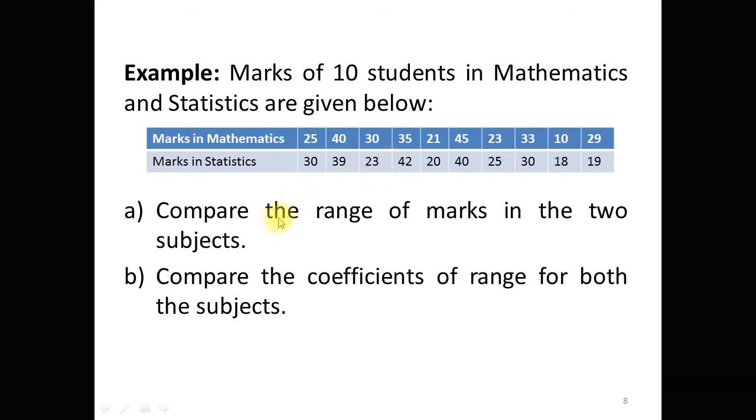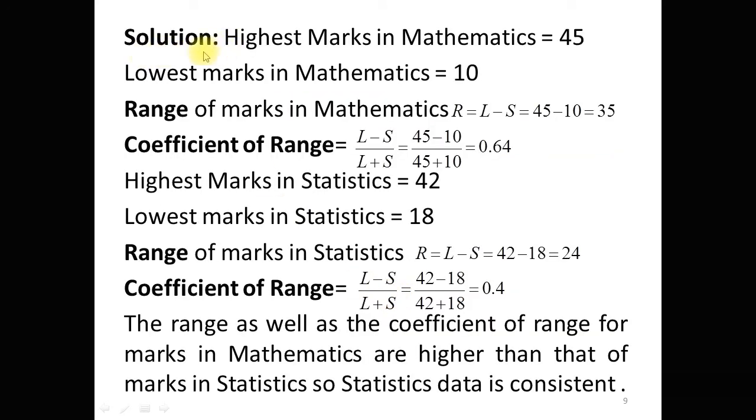By using the range, compare the marks of these two courses and compare the coefficient of range for both courses. Solution: the highest marks in mathematics is 45 and the lowest marks in mathematics is 10. First of all, find the range for the marks of the mathematics course.